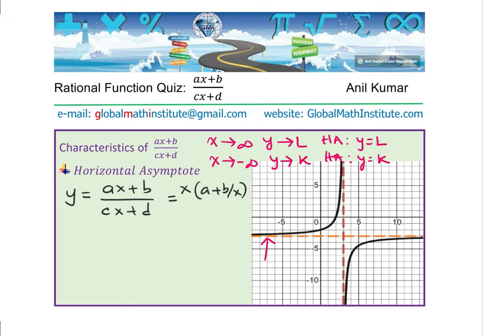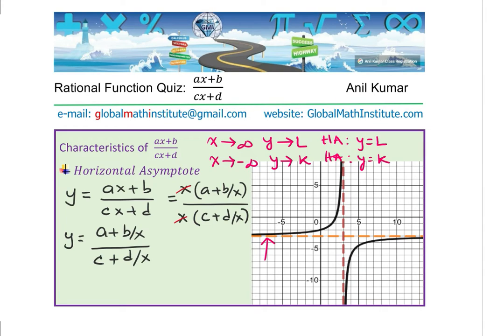Do you see that? This is a strategy. So we'll take x common and we can write the denominator as c plus d over x. Perfect. So once we do that, we can cancel these x's. So we get y equal to (a plus b over x) over (c plus d over x).